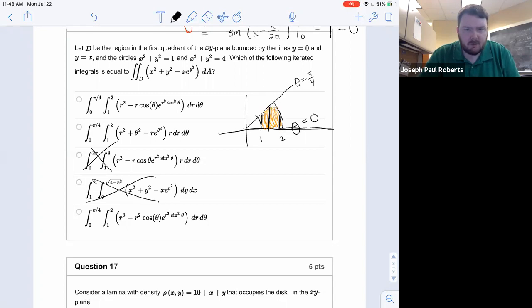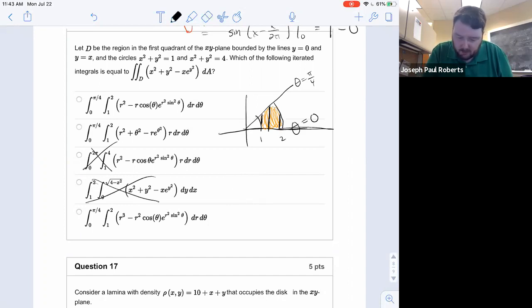And so anyway, if you wanted to draw this region for y between 1 and 2, x between 1 and 2, y starts at 0, it stops at that circle. The region for which that is the dy dx bounds looks a little bit more like that, right? It kind of goes up more like that. So anyway, that's not the right region.